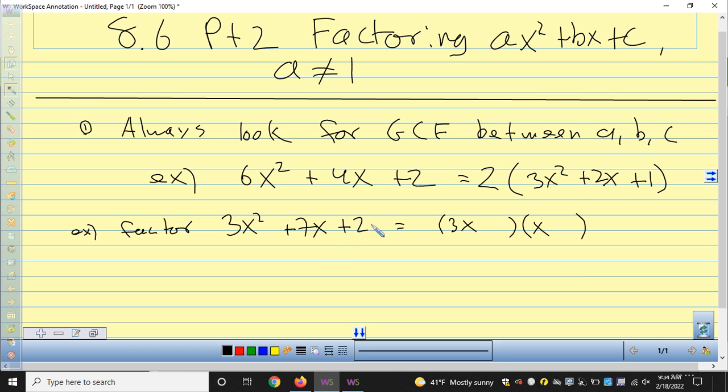And then I would say, well, the only way to get a 2 is a 1 and a 2. So this either has to be a 1 here and a 2 here, or a 2 here and a 1 there. In order to get 7, I'd say, well, I need 3 times 2 is 6, plus 1 is 7. So that's how I would do it in kind of the old school way.